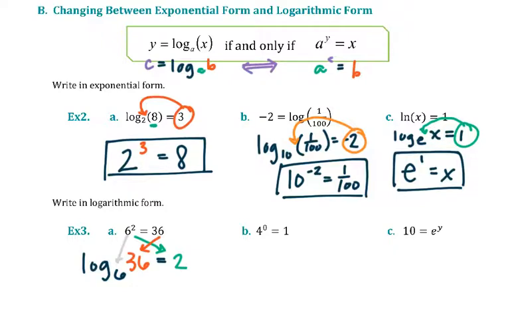So thinking about that on our next problem, I'm going to have log base 4, and again we switch sides of the 0 and the 1. So this is log base 4 of 1 equals 0.